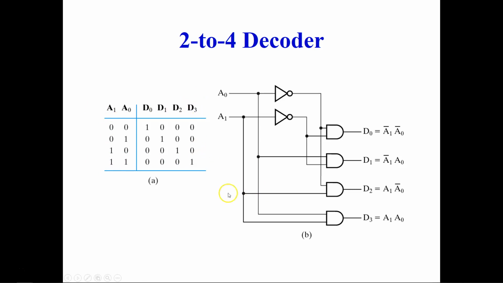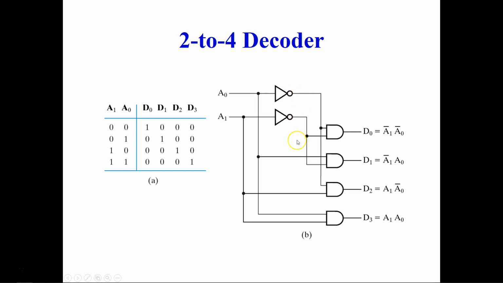So this is the truth table for the 2 to 4 line decoder, and here on the right you see the logic circuit for the decoder. You see these are the two inputs, A0 and A1, and to send the 0 input, we have this NOT gate attached here. Right now you have 1, and when it goes through this inverter, you have 0 here.